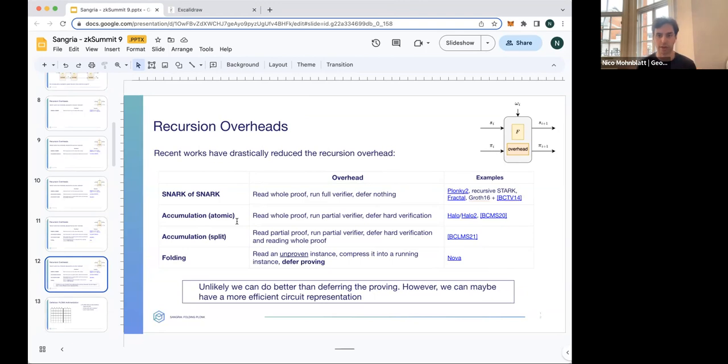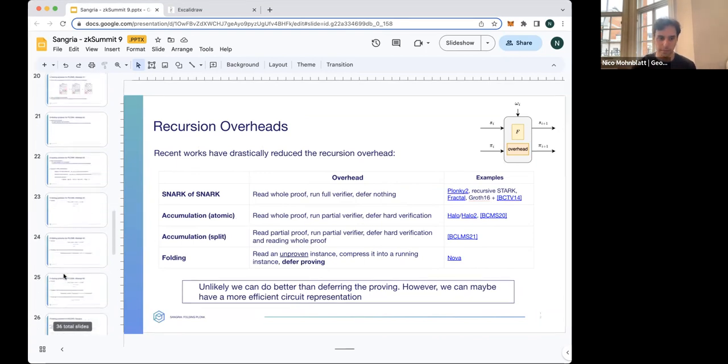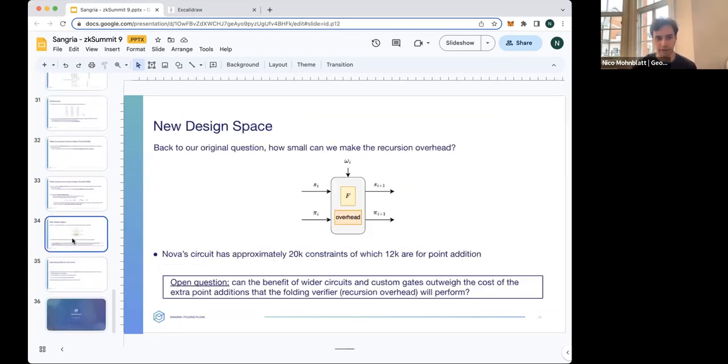It's this relaxed PLONK arithmetization, and we keep passing this relaxed PLONK witness. But we could have a folding scheme where relaxed PLONK gets folded into masked relaxed PLONK and outputs a masked relaxed PLONK, and we keep pushing those around. But again, that's something I haven't figured out, but it's something that is possible.